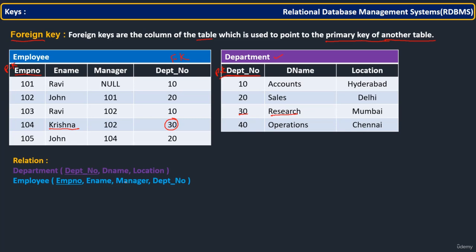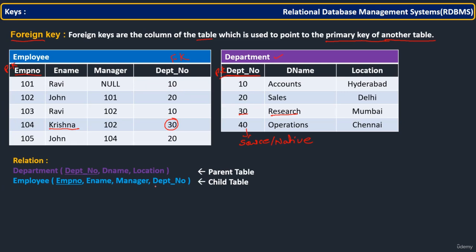Here the parent table is this one. This is the actual source; for these values, this is the native. That is why department is going to become the parent table. These values are foreign values here, not in the department table. That is why employee is going to become the child table.